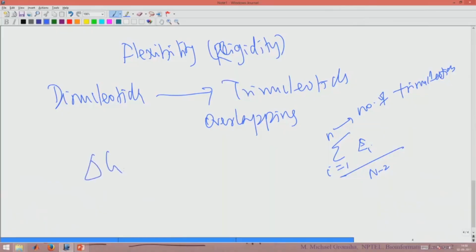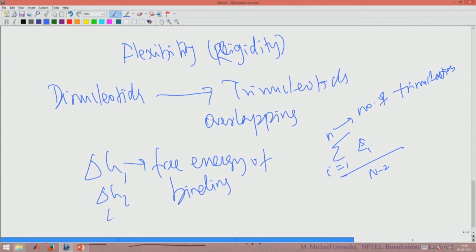And we have the delta G values, that is the free energy of binding, and compare this delta G with the known sequences, known E values. So, for example, here delta G 1, delta G 2, delta G 3 for different protein-DNA complexes.